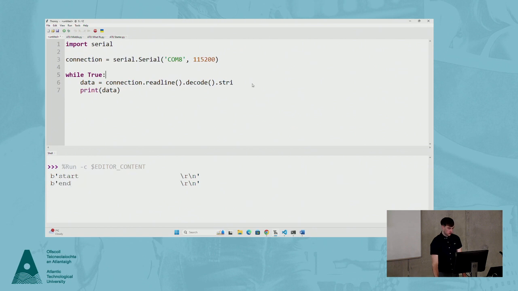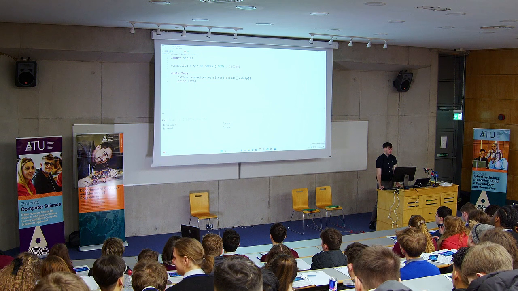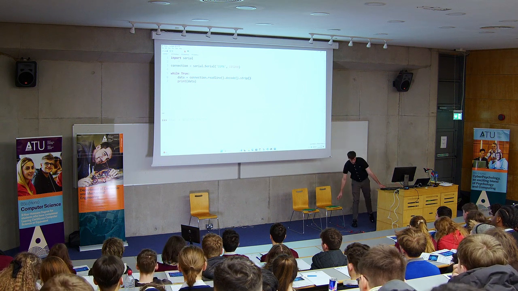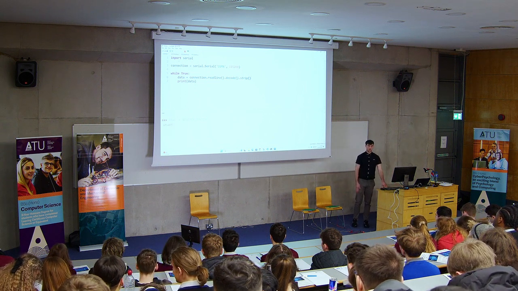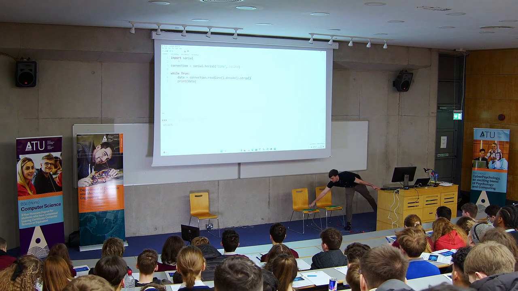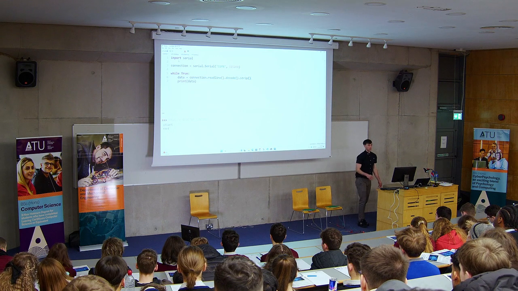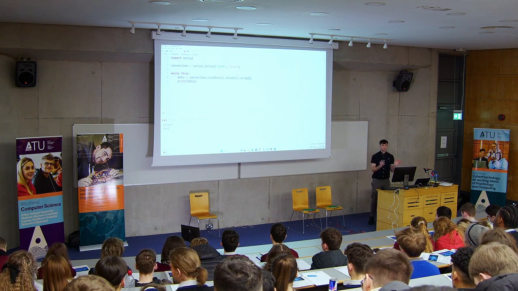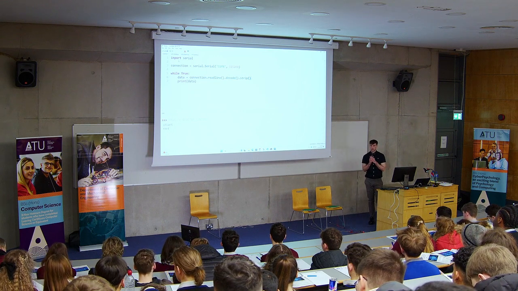The word .strip removes the white space. If I rerun that and press my start, there's got rid of that, press my end, bang, I have start and end. Does everyone make sense of that?